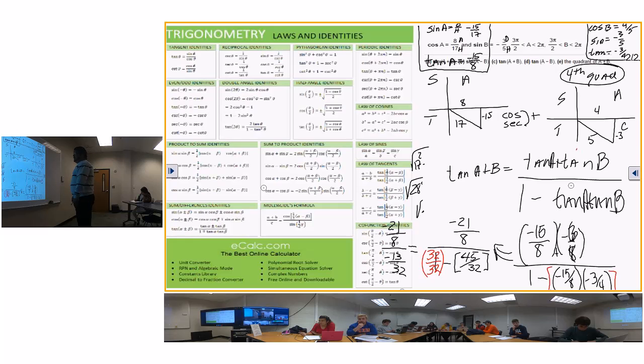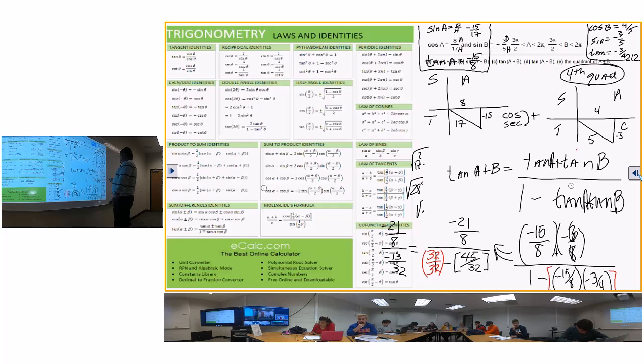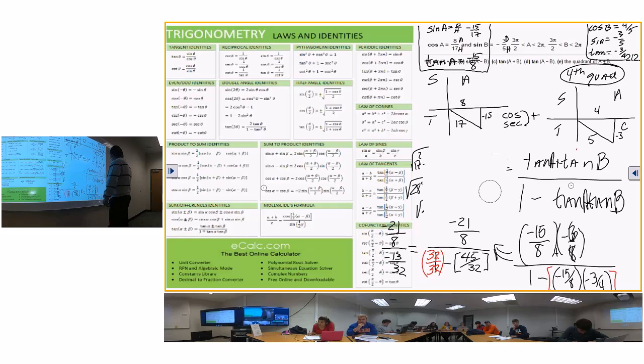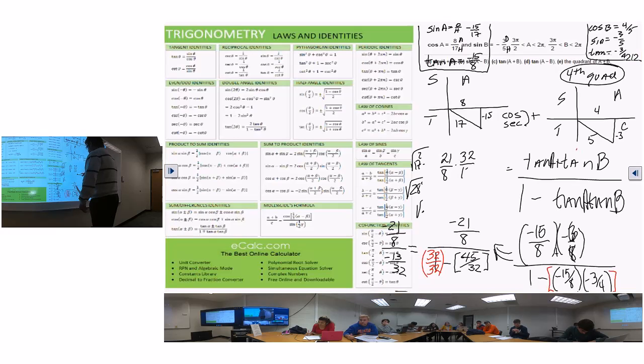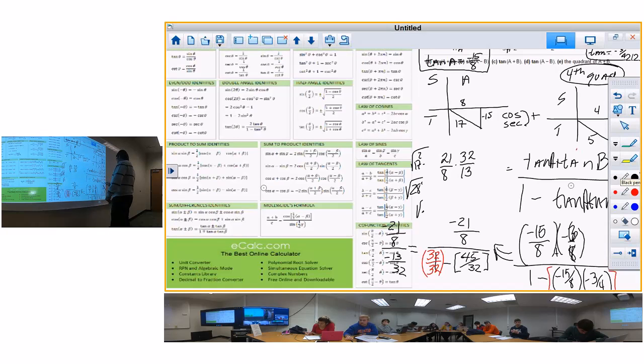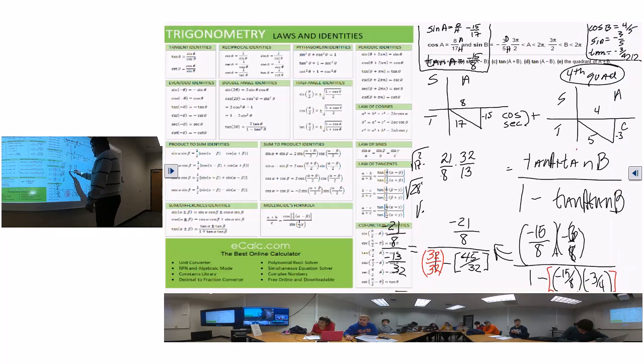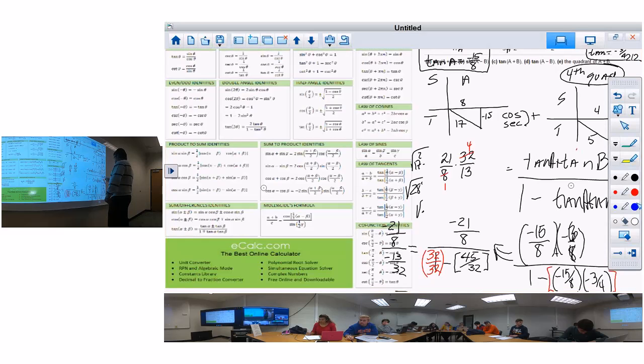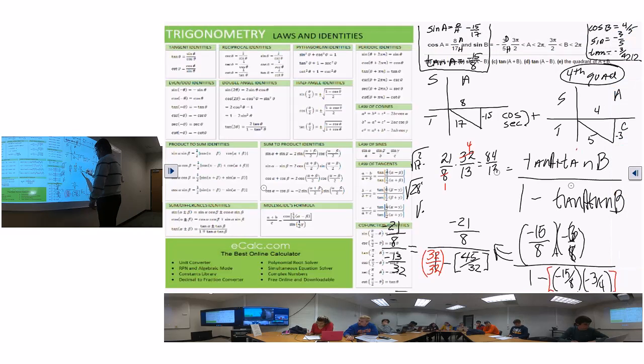So 21 over 8. I'm just going to clean this up right here. And I'm going to say 21 over 8 multiplied by 32 over what? 13. And we can take our handy dandy, mark that out, and 21 times 4 is 84. 84 over what?